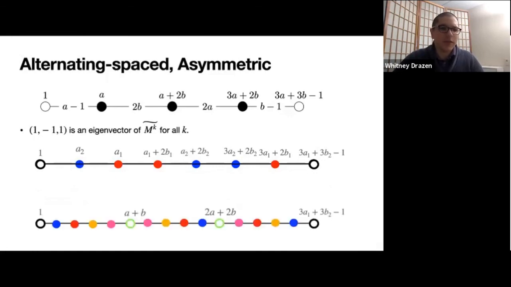So if we just take every single combination where A and B sum to the same number, then we can almost tile the path. We're only missing A and A plus B and 2A plus 2B.